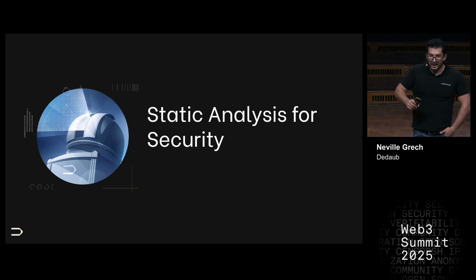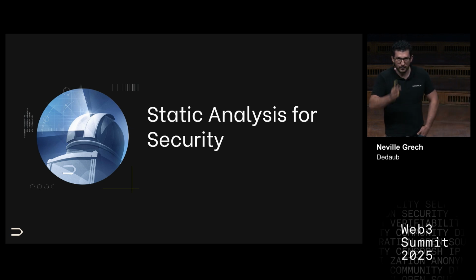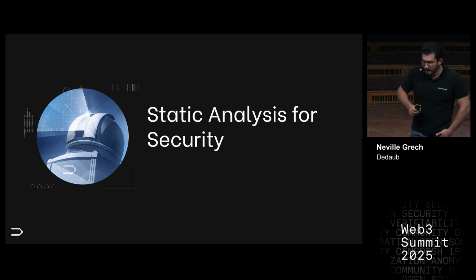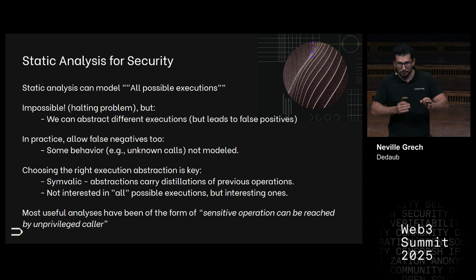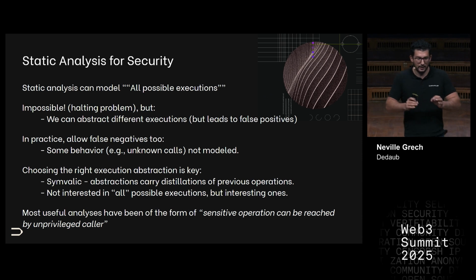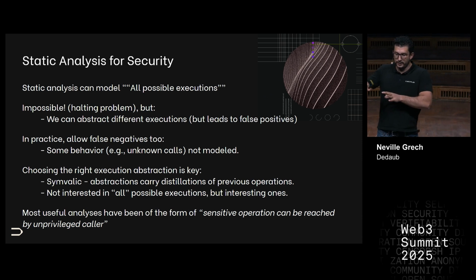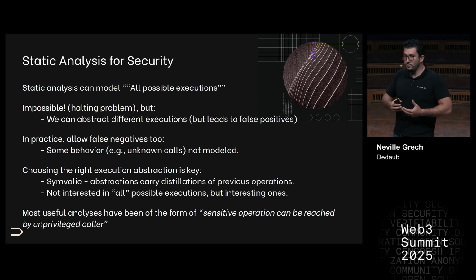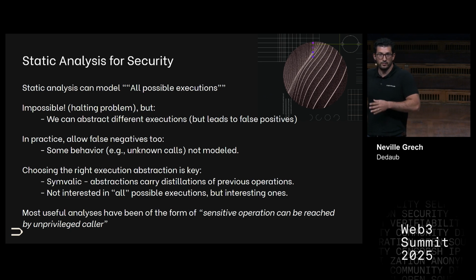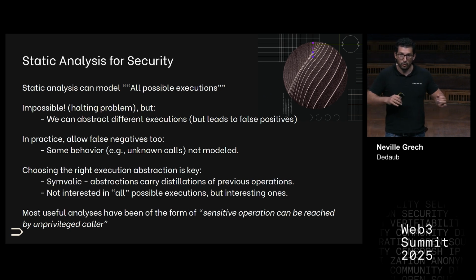Okay, so now that we have a decompiler, how do you use the decompiler to find security vulnerabilities? Now, in order to understand that a little bit more, you need to understand that static program analysis, again, is a technique that enables you to model all possible executions of the program without running the program.